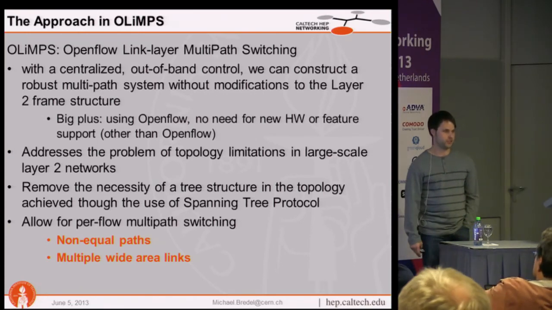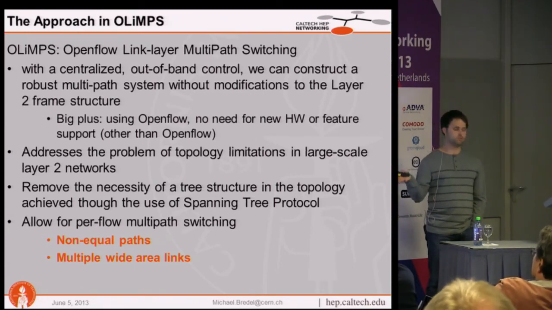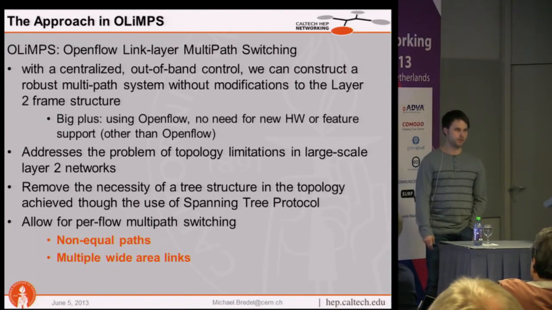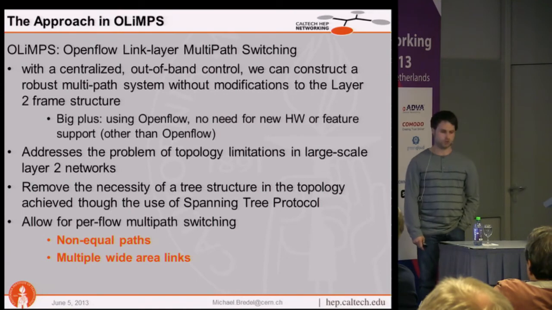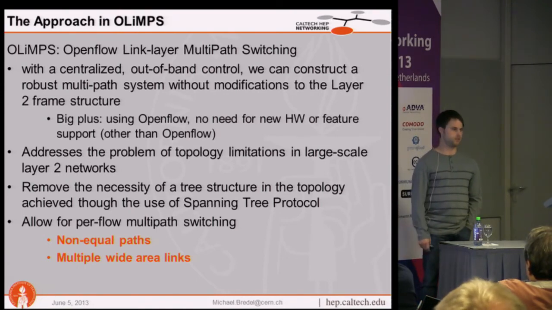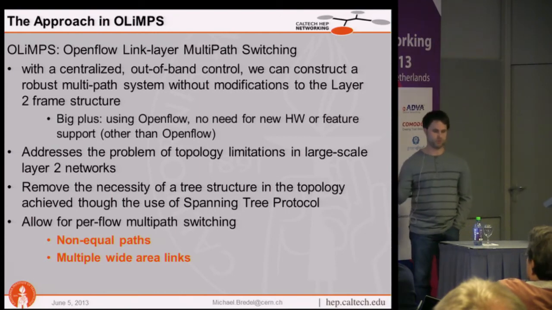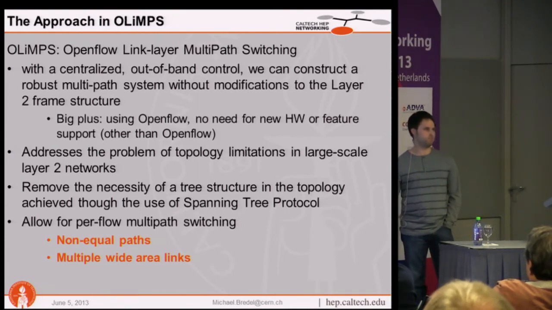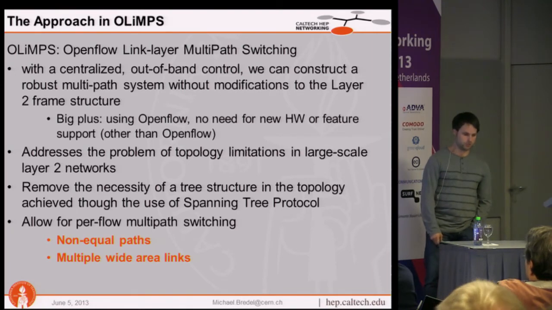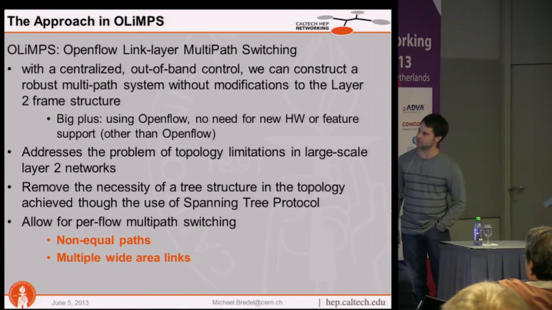The advantage is that you just need OpenFlow-capable equipment, nothing special. Compared, for example, to TRILL or SPB, we are not modifying the packets or packet structure. You can just use OpenFlow, which is available on the switch. Almost every piece of equipment today is OpenFlow capable, so you can just use it.